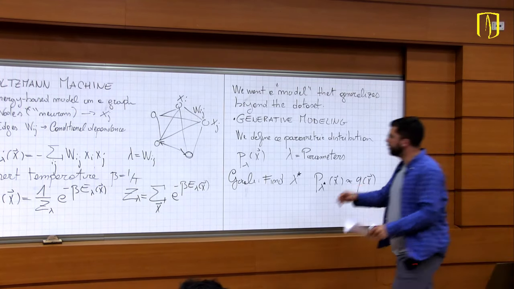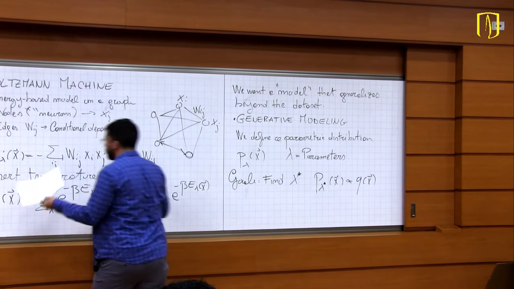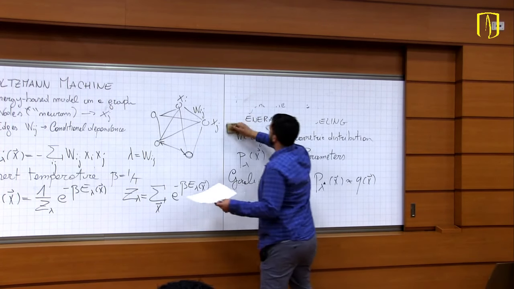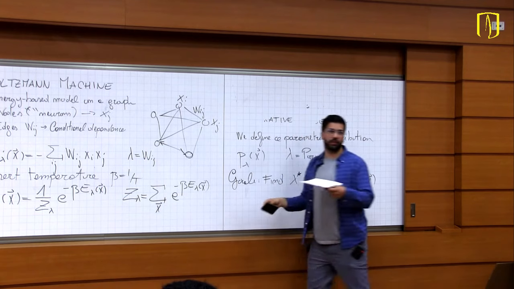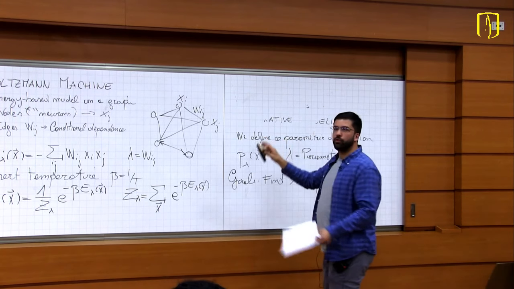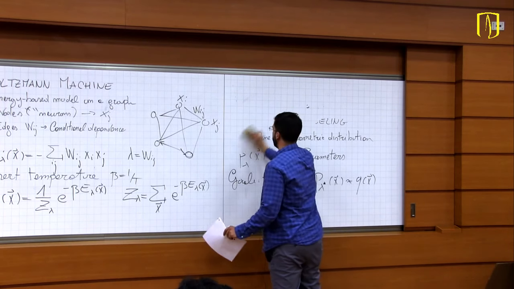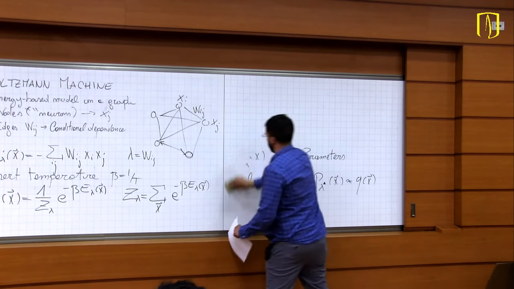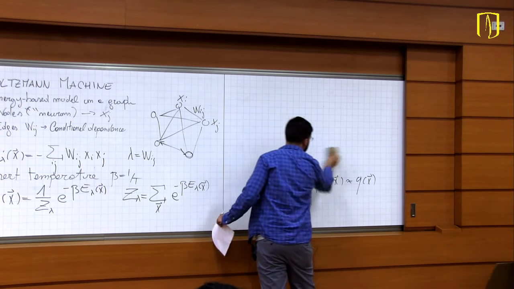Okay, so let's see how to discover these weights. I'm going to do this small derivation for the Boltzmann machine. It's going to be equivalent for the restricted Boltzmann machine, but it's a bit more intuitive for this type of network to understand exactly what the learning does.